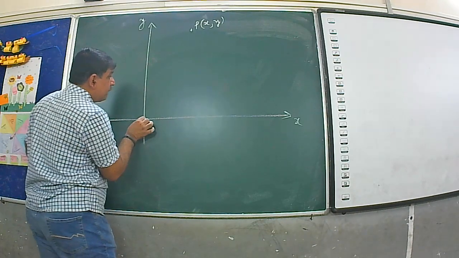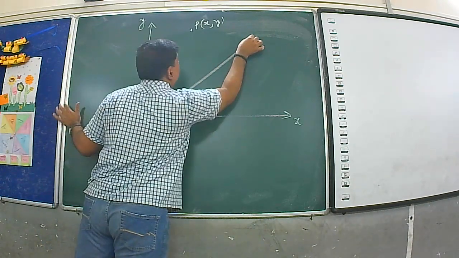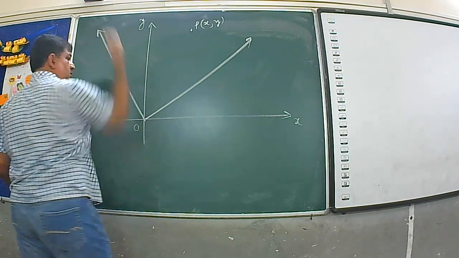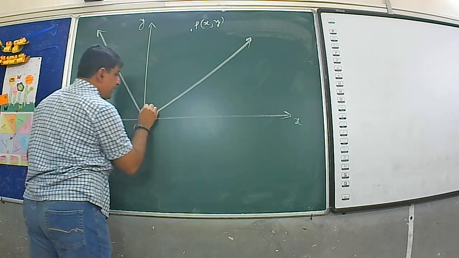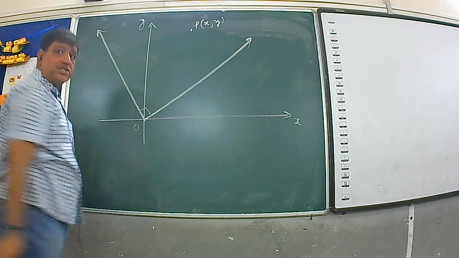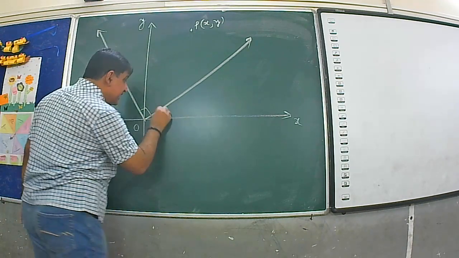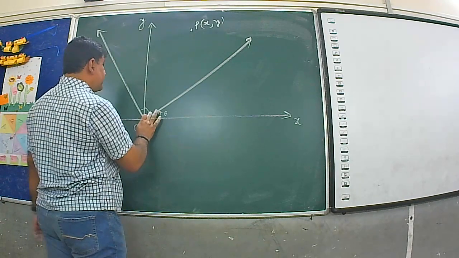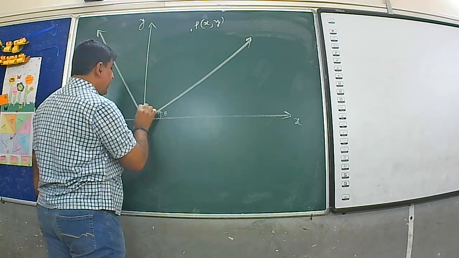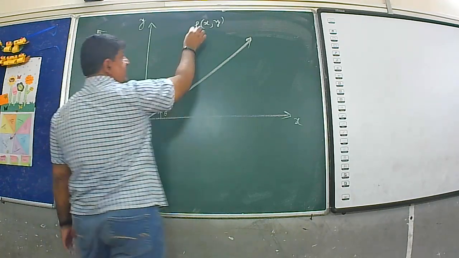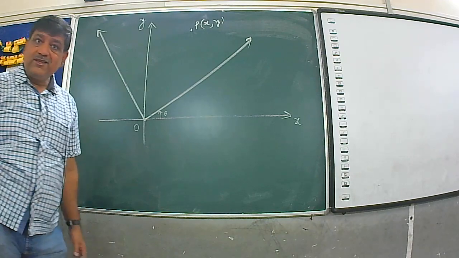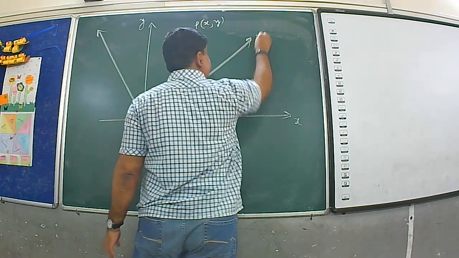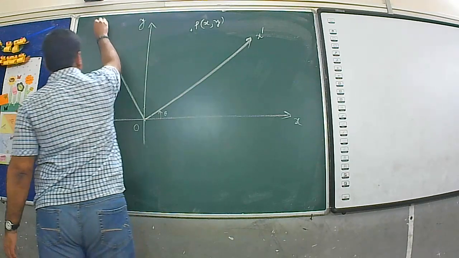Means if we rotate the axis by an angle theta, say here in this direction, the axes being again perpendicular to each other. Now if this angle is theta, say, what about the changes in the coordinates of this point with this new reference? Say this new reference is x dash and y dash.